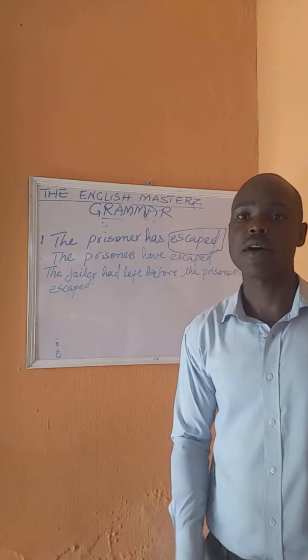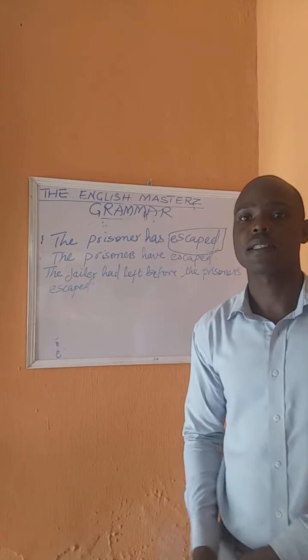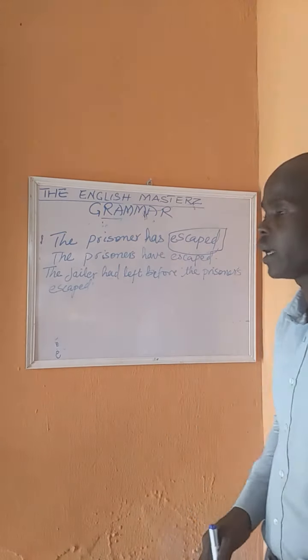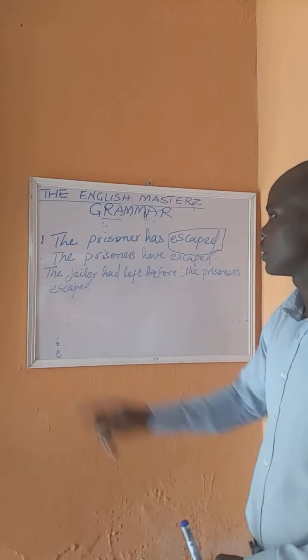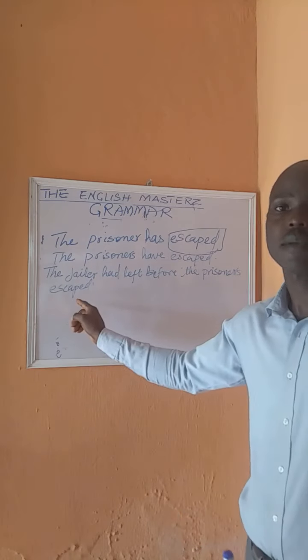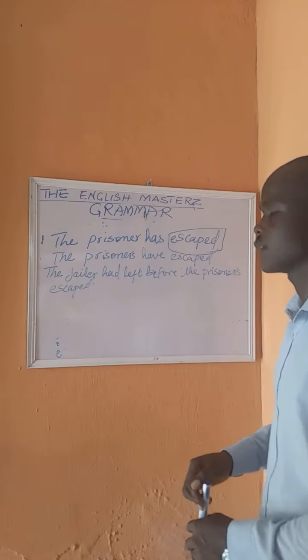Did you see? Now, how did you see that last sentence? That's the third sentence. Well, in that sentence, there are how many clauses? Okay, look at it again. The jailer had left before the prisoners escaped. Well, okay, I think you guessed right.